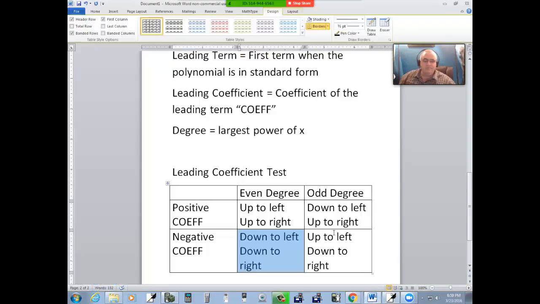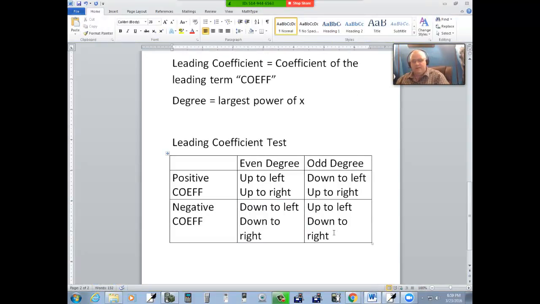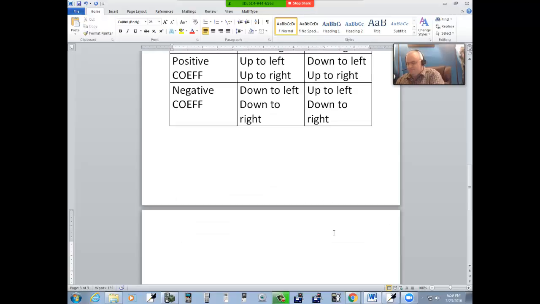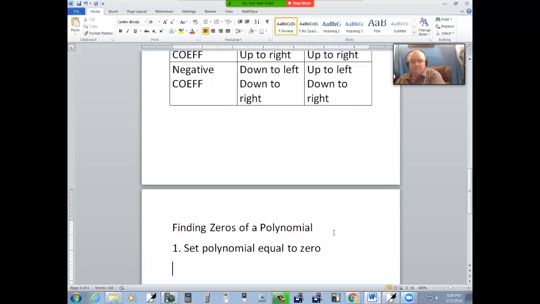Just in general, to find a zero, so finding zeros of a polynomial, your first step is to set the polynomial equal to 0. Then your second step is to solve. And that's how you find your zeros. Now sometimes it's not so easy to solve, but that's how you do it.